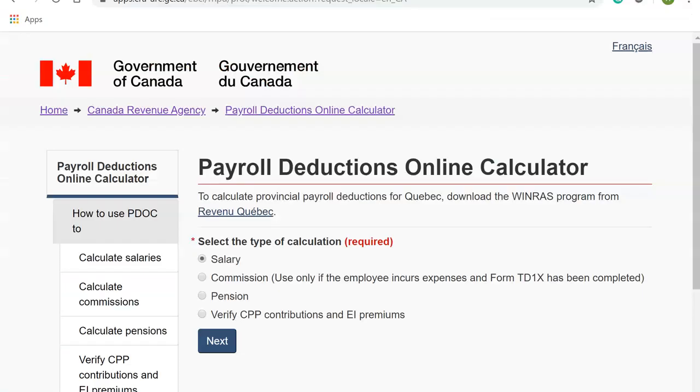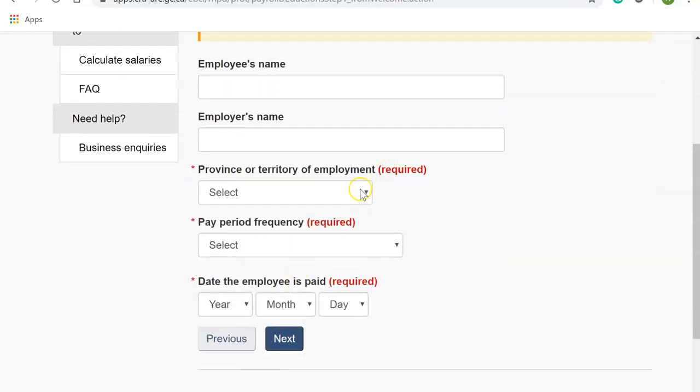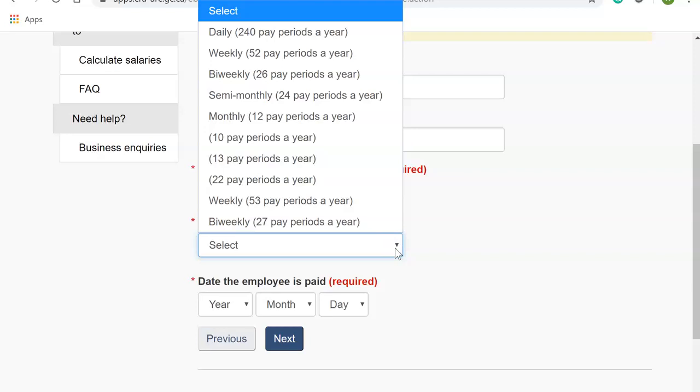So I'm just on the Canada Revenue Agency's website, and I'm just using their online calculator, and we'll go through this very basic calculation. I'm going to assume that I'm paying a salary. And it's in British Columbia, so I want provincial tax on there as well as federal tax.